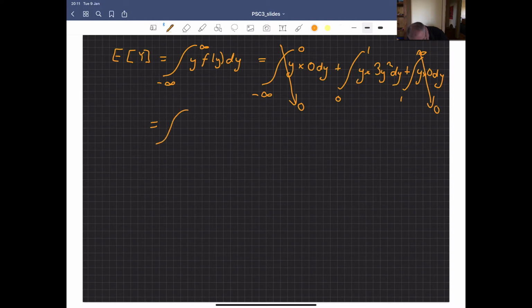So we actually just care about 0 to 1, 3y cubed dy, which is 3y to the 4 over 4, and we're integrating from 0 to 1, which is 3 quarters. So the expected value of Y is 3 quarters.